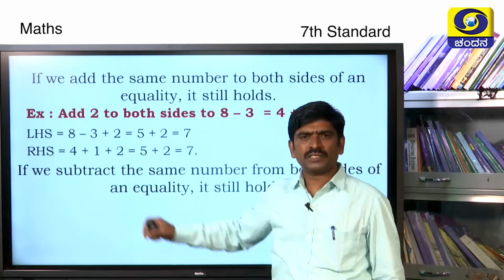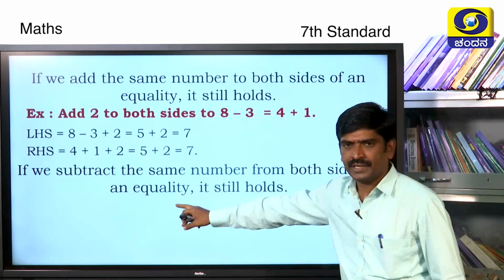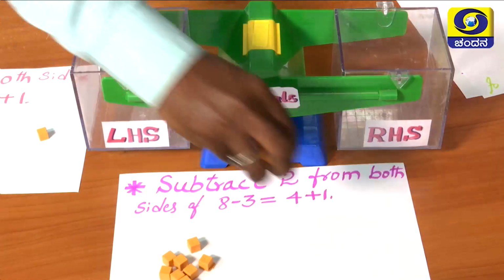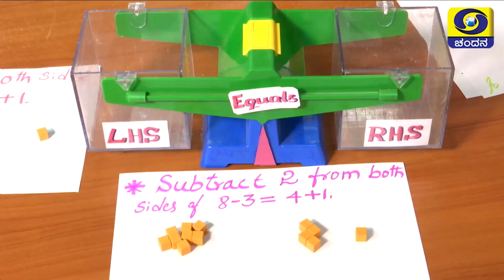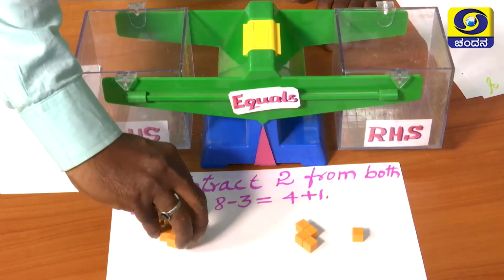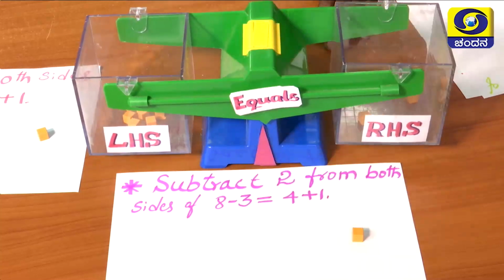Second one, if we subtract the same number from both sides of an equality, it still holds. Subtract 2 from both sides of 8 minus 3 is equal to 4 plus 1. Here put 8 on the left side and put 4 on the right side.